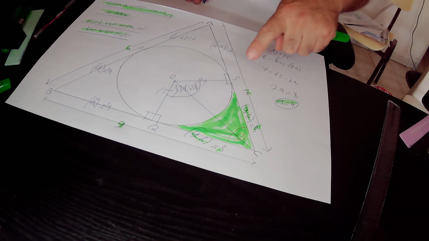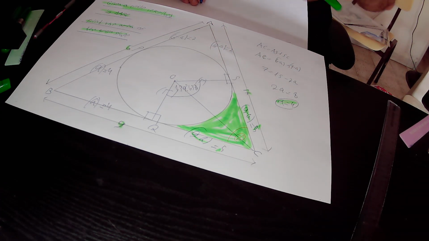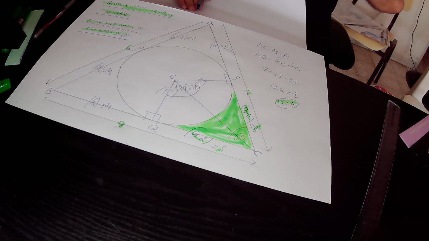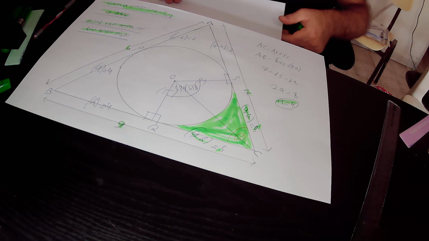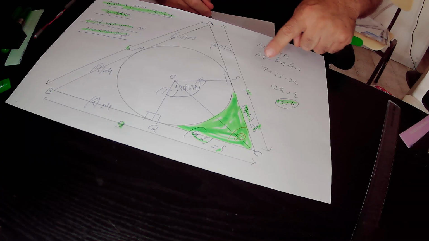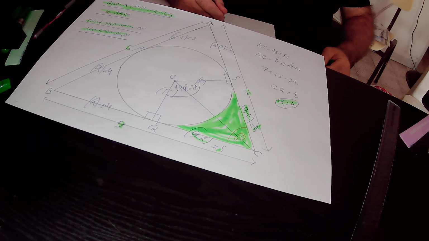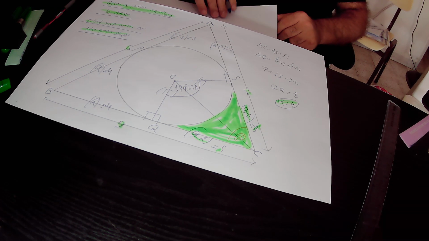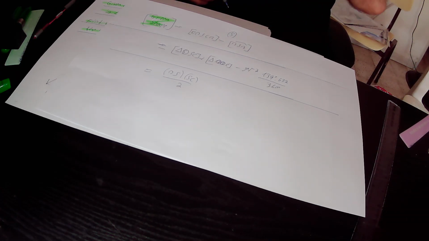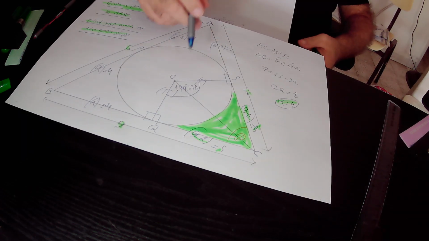What is the area of this triangle OSC? The area of this triangle equals the base times the height over 2. We choose the base as OS, and the height is SC, divided by 2. And again, the area of the right triangle OSC is equal to the base OS times the height SC over 2, plus the area of this right triangle OQC.